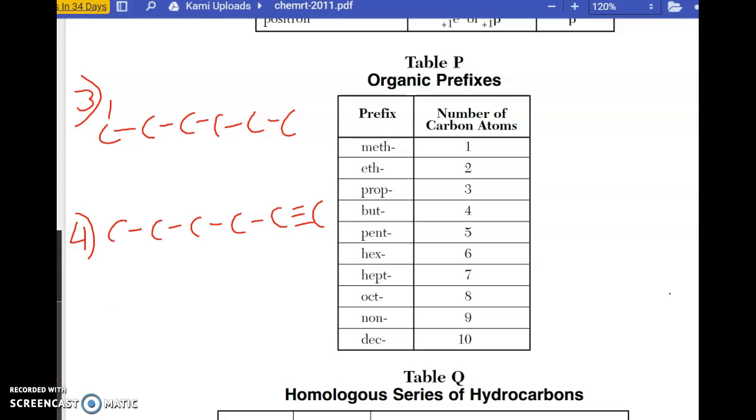Yep, it needs 3 more bonds so that it has a total of 4. How many more bonds does this carbon need? This middle one needs 2 more bonds so that it can also have 4. So all of the middle ones that already have 2 bonds are going to get 2 more to make 4. And the end ones, because this one only has 1, need 3 more.